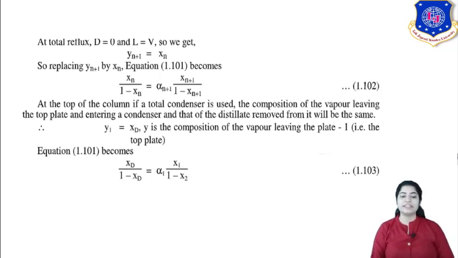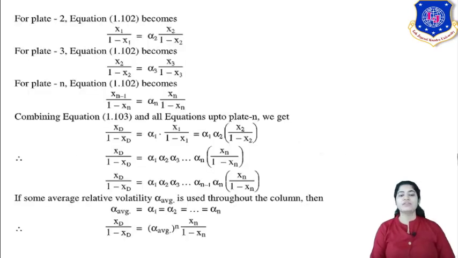Now the next step is that at the top of the column, if a total condenser is used, it means the vapor composition which is going to the condenser, after condensing, will be the same in the liquid phase also. Hence instead of Xn you write it as Xd. So you get the final relation as equation 1.103. Clear? Now similarly for plate 2, you get x1 upon 1 minus x1 is equal to alpha 2 x2 upon 1 minus x2.